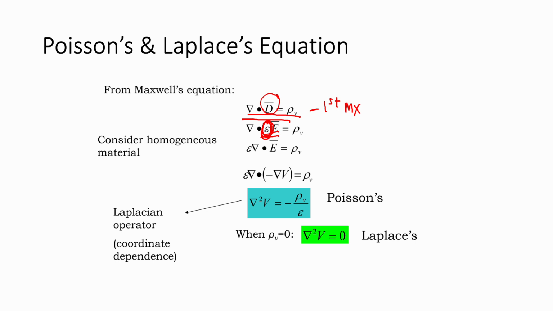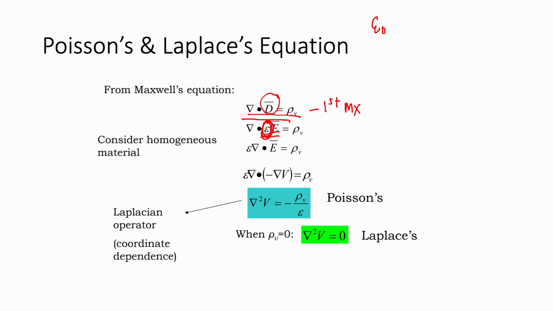Why? Because we are learning about boundary conditions, so our material is no longer in free space. It can be a different material. In free space it is epsilon naught, but in other materials it is epsilon.